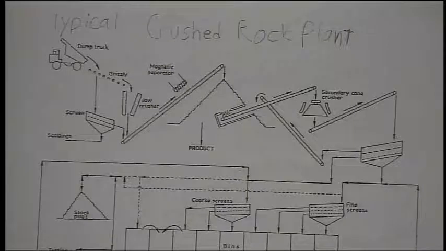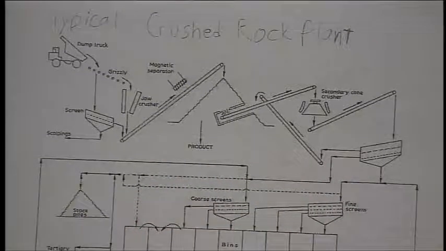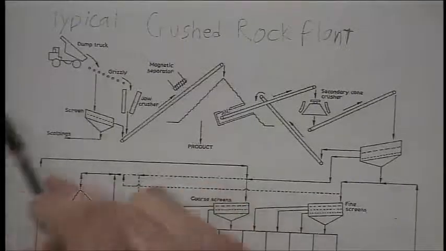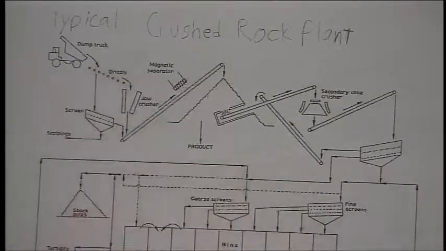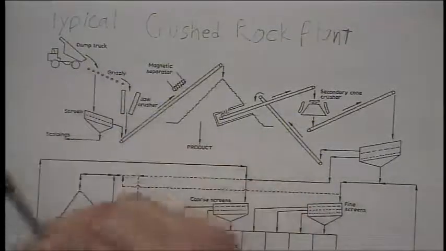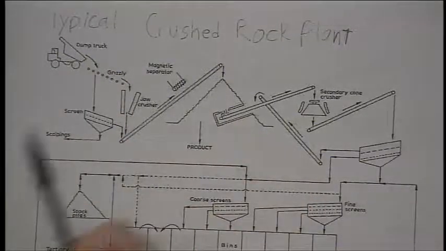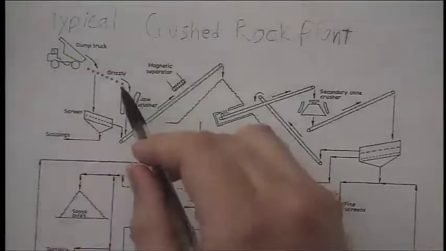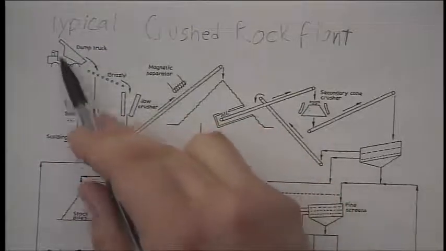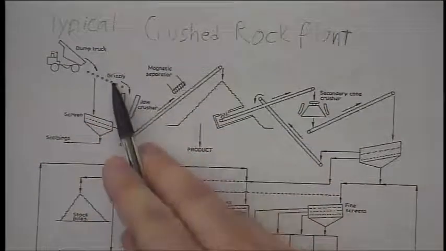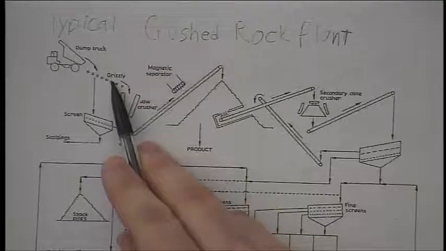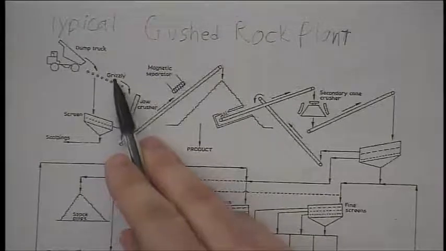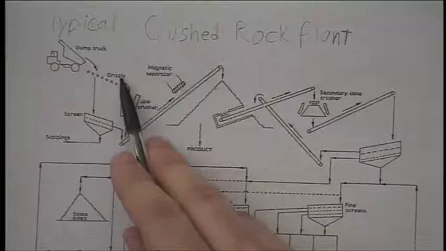And so after you blast, get your rock, and transport it up the haul road by the crusher, the dump truck is going to go into a grizzly, which is a big screen that separates gigantic boulders.